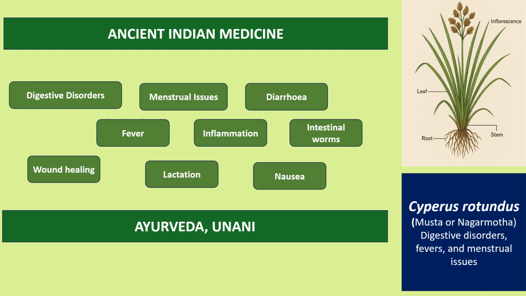Coming to the point of medicinal uses, first we will start with the ancient Indian medicinal systems, which include Ayurveda and Unani. In these ancient systems of medicinal plants, you will find that different Cyperaceae are used for different ailments like digestive disorders, menstrual problems, diarrhea, fever, inflammation, intestinal worms, wound healing, and then lactation, nausea, and vomiting.